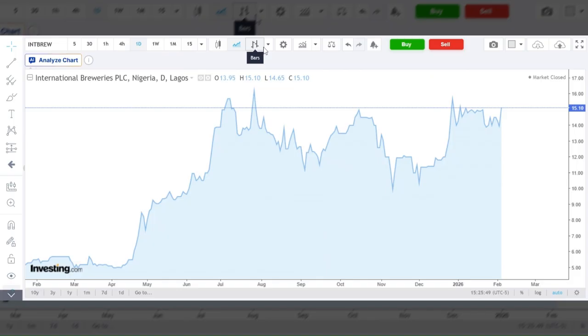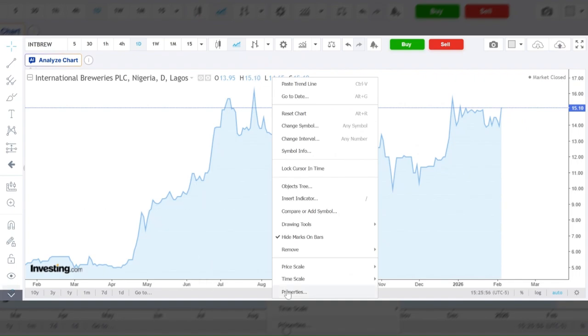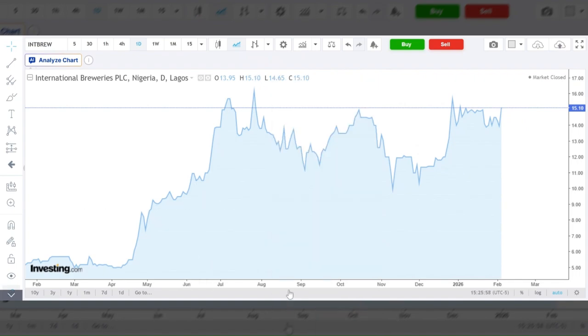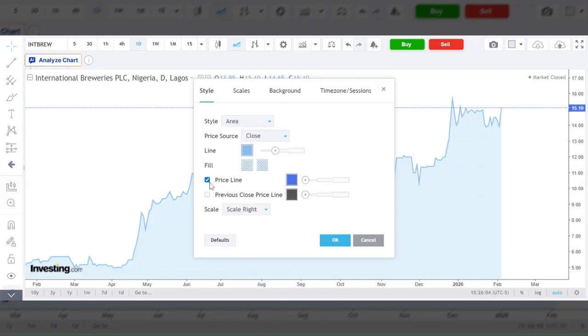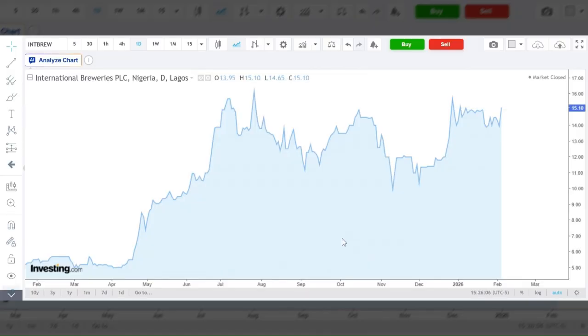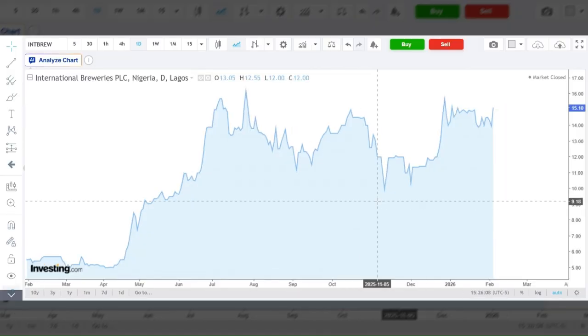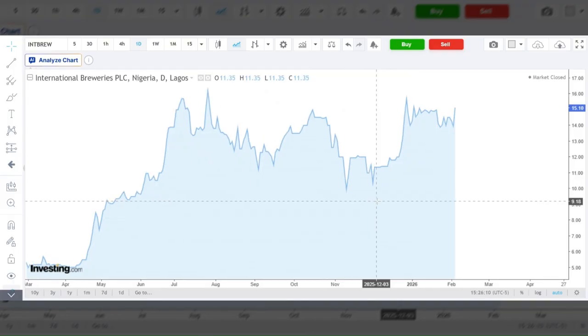So let's see. Let me remove this price line. All right, so now let's look at drawing our support and resistance line.